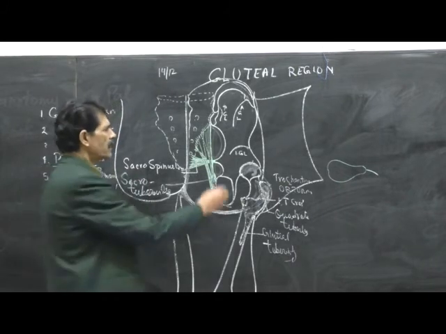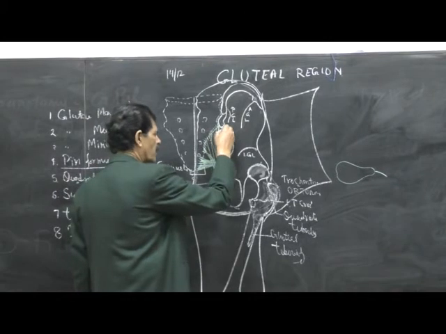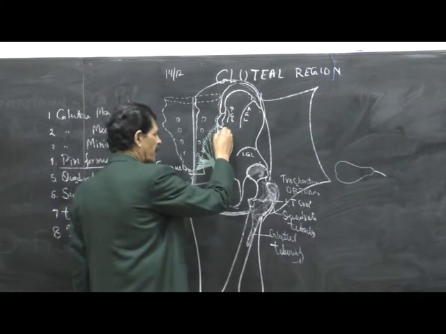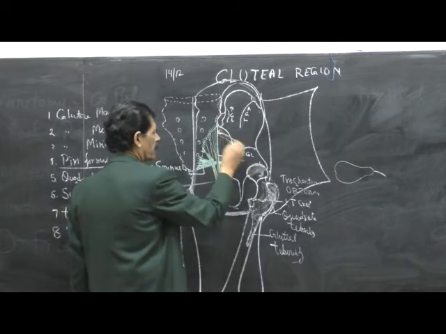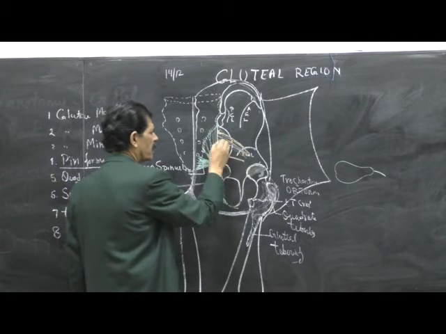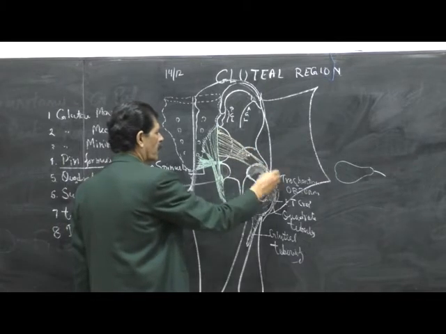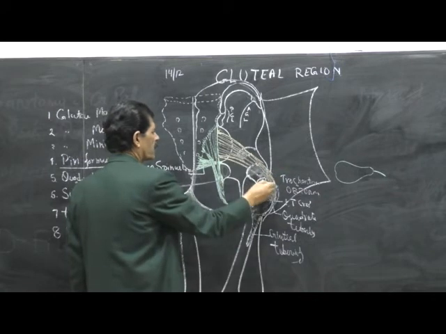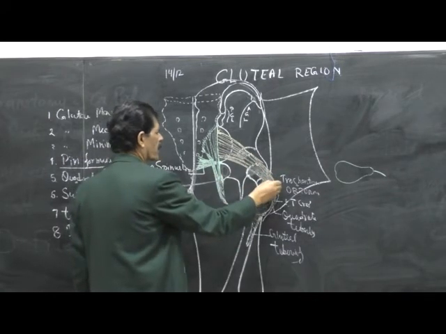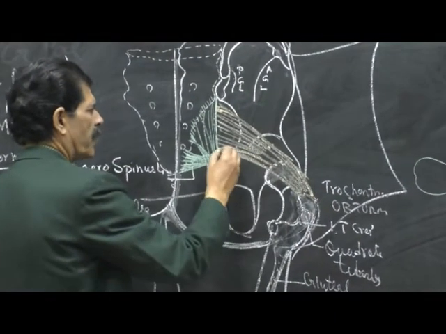And from this origin, the piriformis muscle comes out of the greater sciatic foramen. And this pear-shaped piriformis muscle tapers, the tendon becomes narrow, and it is inserted over the top point of the greater trochanter. Top position of the greater trochanter is the insertion of piriformis muscle. So it is a pear-shaped muscle, piriformis.